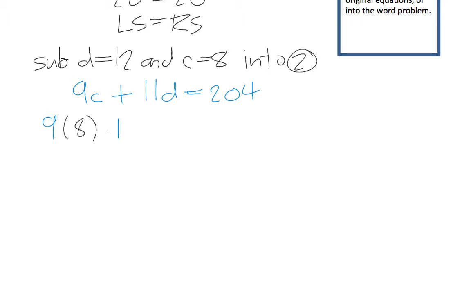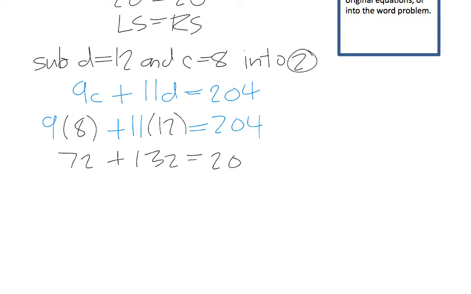And instead of writing the D, I'm going to write 12 in brackets. Everything else stays the same. 9 times 8 is 72. 11 times 12 is 132. When you add those up together, you get 204, which is equal to 204. Therefore, the left side also equals the right side.